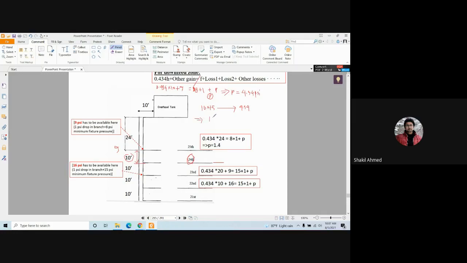For 100 feet length, your pressure drop will be 4.34 divided by 10 into 1.5 into 100. What is the value from here? So 28.93.